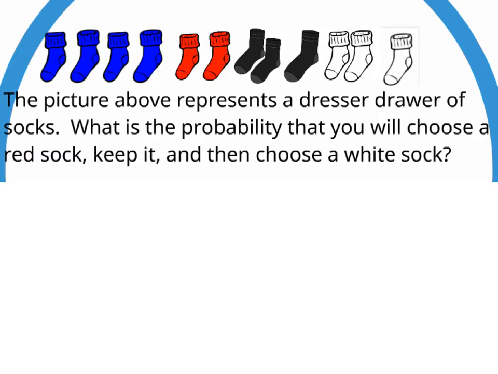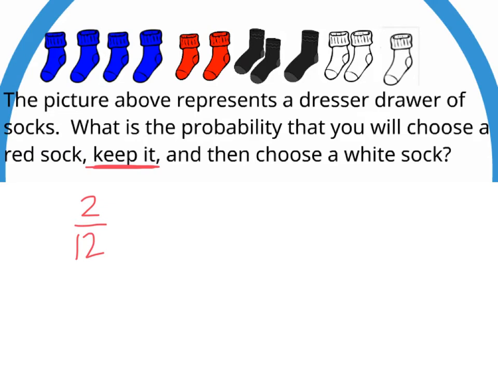So we have here the same example from the independent video with the socks, and we want to know the probability of you choosing a red sock. You keep it, and then you choose a white sock. So the big phrase that has changed this problem is right here, to keep it. You have originally in your drawer 12 socks, and out of those 12 socks, 2 are red.